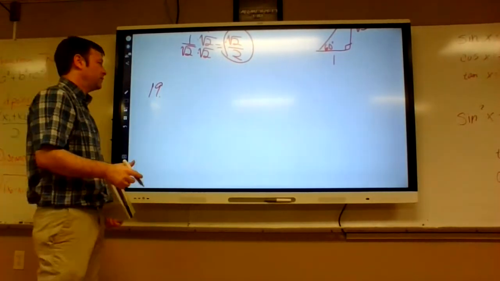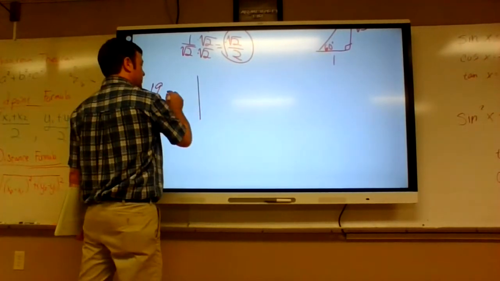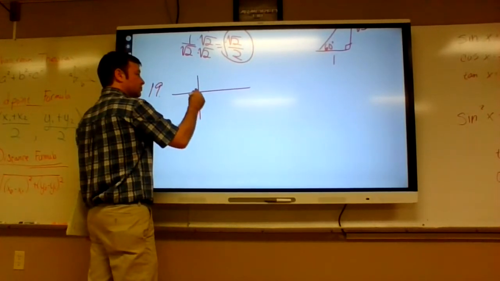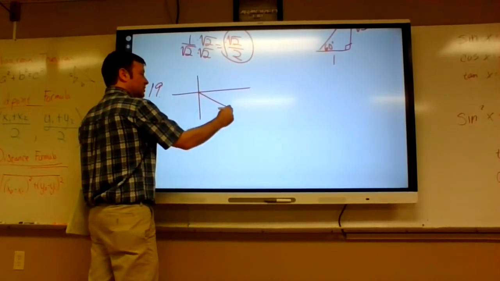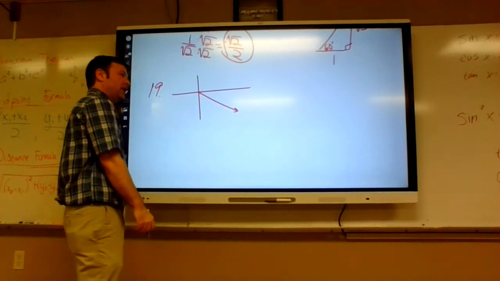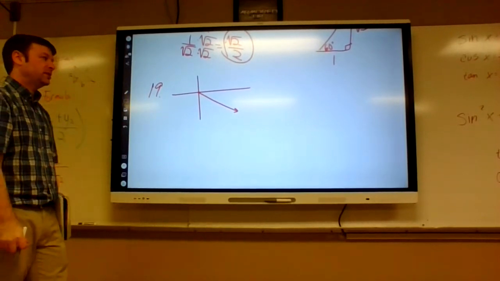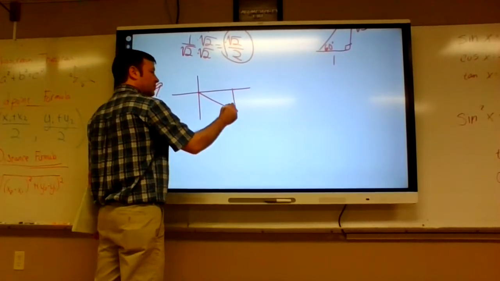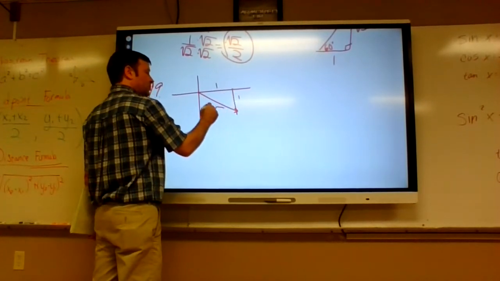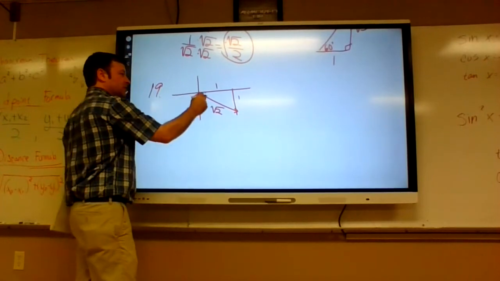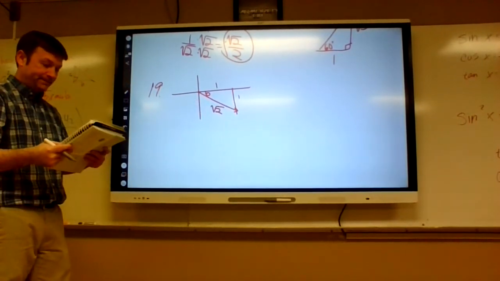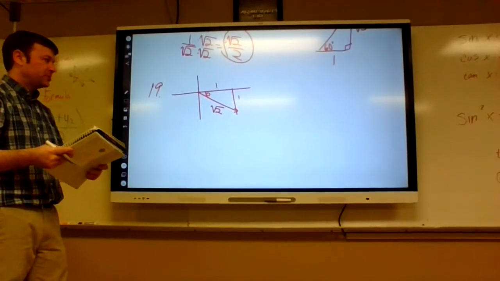Tangent of negative 45. Where would negative 45 be? Perfect diagonal going down to the right, negative 45. So the ratios are 1, 1, square root of 2. And on 19 we're supposed to do tangent.